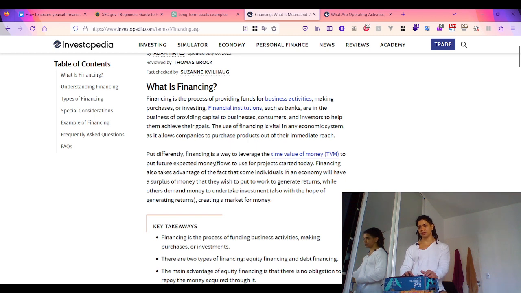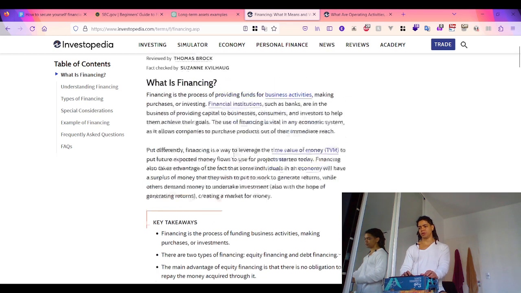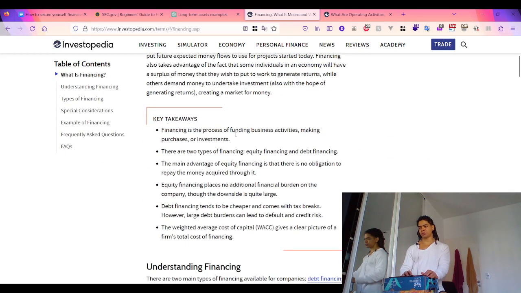Financing also takes advantage of the fact that some individuals in the economy will have a surplus of money that they wish to put to work to generate returns, while others demand money to undertake investment, also with the hope of generating returns, creating a market for money. But in any case, financing is a process of funding business.